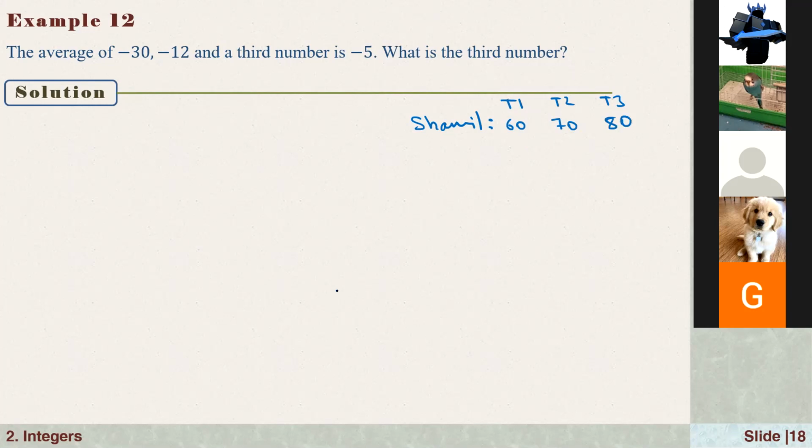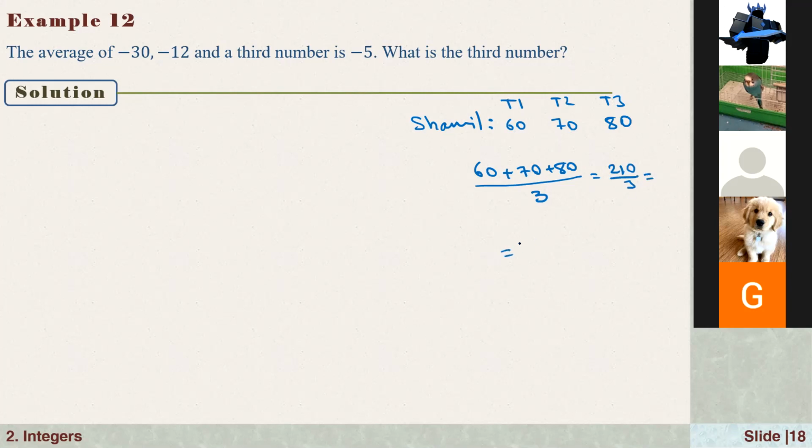Now, if I ask you the question, what was the average test result of Shamil? How do you find the average? We have to add these scores, 60 plus 70 plus 80. How many numbers do we have here? 3, right? So we should divide by 3. 60 plus 70 is 130. 130 plus 80 is 210, divided by 3.